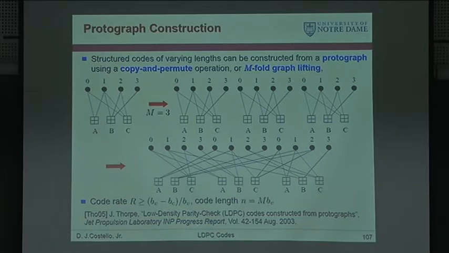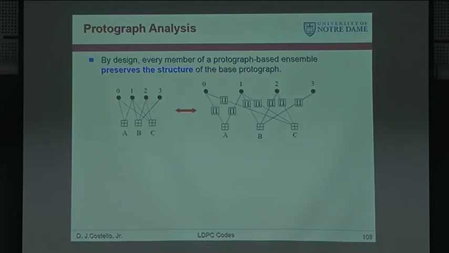This idea originally came out of a PhD thesis at Caltech. And again, it gives us a nice visualization for constructing large ensembles of LDPC codes with certain guaranteed properties. So every member of a protograph-based ensemble is going to preserve the structure of the base protograph.